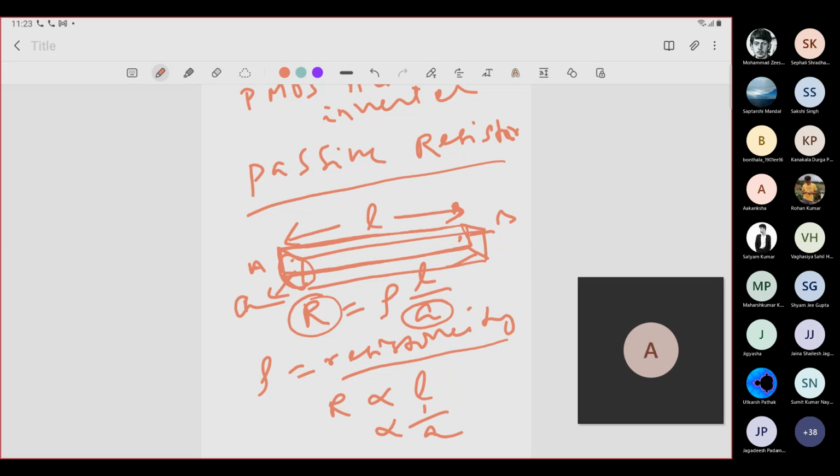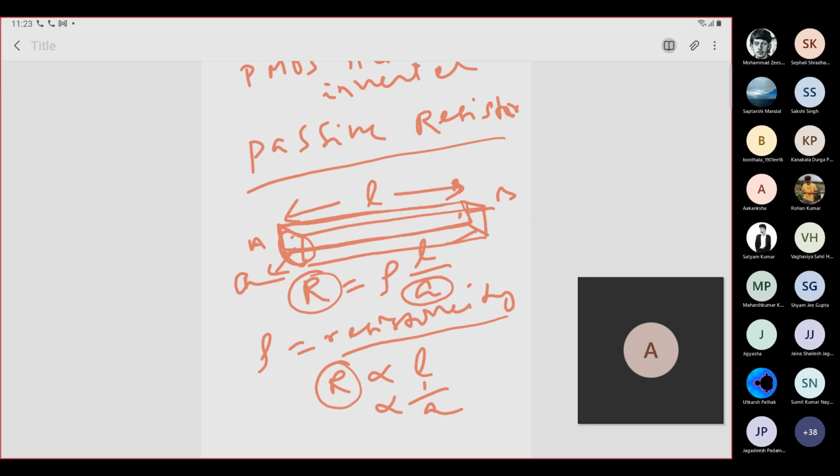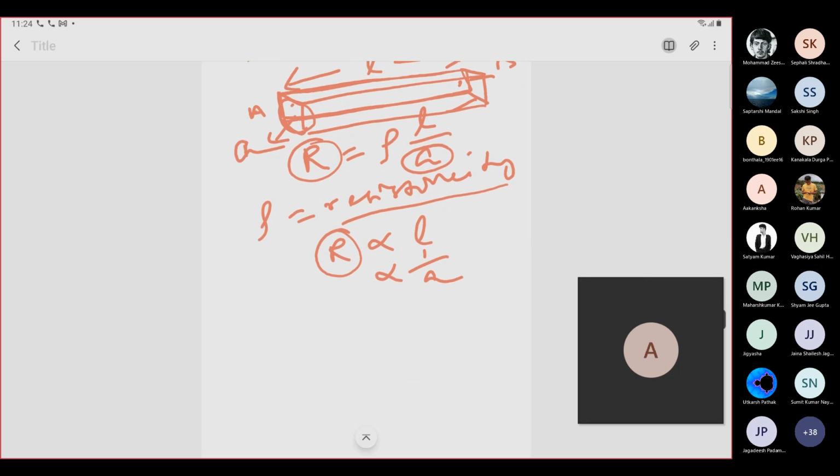So by varying the length and the cross-sectional area of your silicon layer, you can vary your resistance. Depending upon what the circuit needs, you can realize the resistor value by designing a particular length and cross-sectional area of the silicon layer.